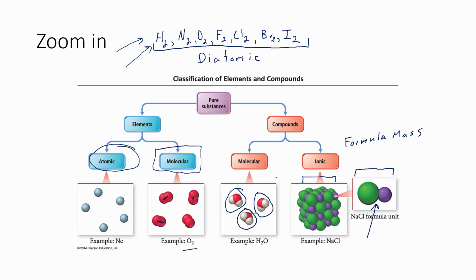But that's really the only difference on the atomic scale that we're looking at compared to our previous chart: atomic versus molecular elemental compounds, and molecular, discrete, separate, covalently bonded molecules versus ionic, where we have positive, negative electrostatic attraction, creating extended networks.